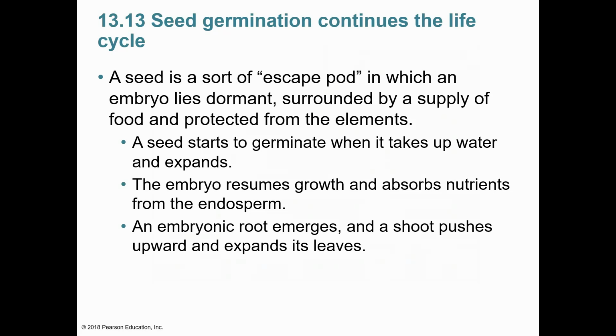And so when it lands in a great environment, a moist environment where there is water, it's going to absorb that water and expand. That process is called germination. So it's going to germinate when it takes up water, expands, and starts growing. It's going to absorb nutrients from the endosperm, and as the roots and the shoots emerge, it's going to start developing leaves.